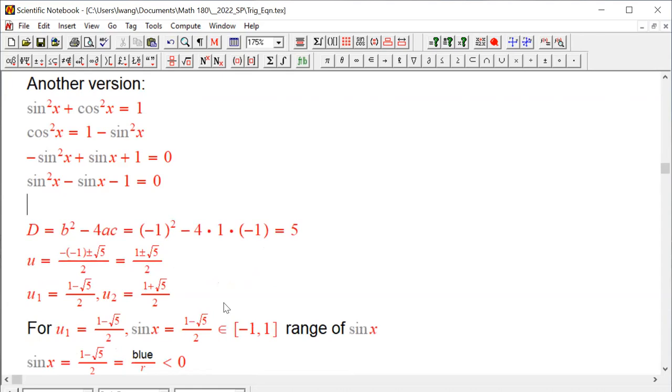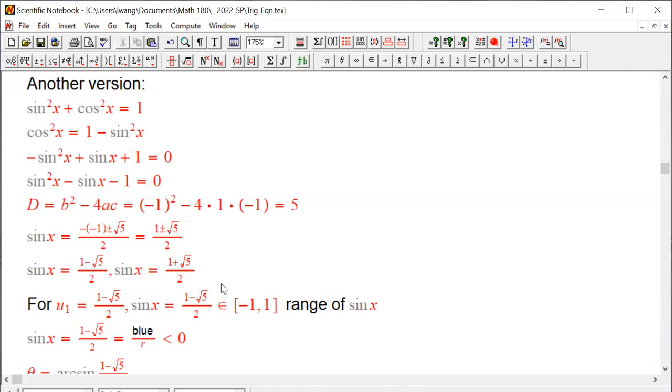Just remove that, and then you just write sine x and sine x. So you just didn't introduce u.